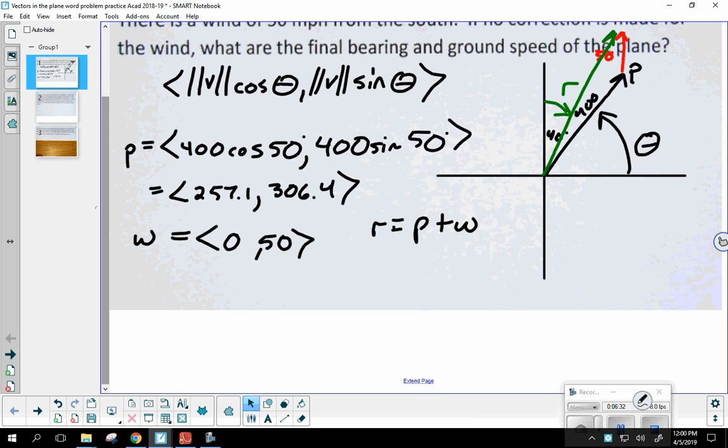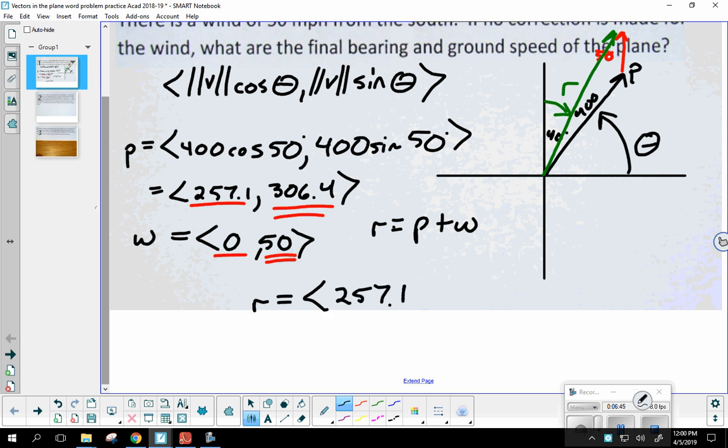Yeah, A plus A and B plus B. So I'm going to add 257.1 to 0, and I'm going to add 306.4 to 50. So my resultant is going to be 257.1, and then 356.4. Remember, this is what we call the resultant. It resulted from a combination of the other vectors. Is everybody okay with that?